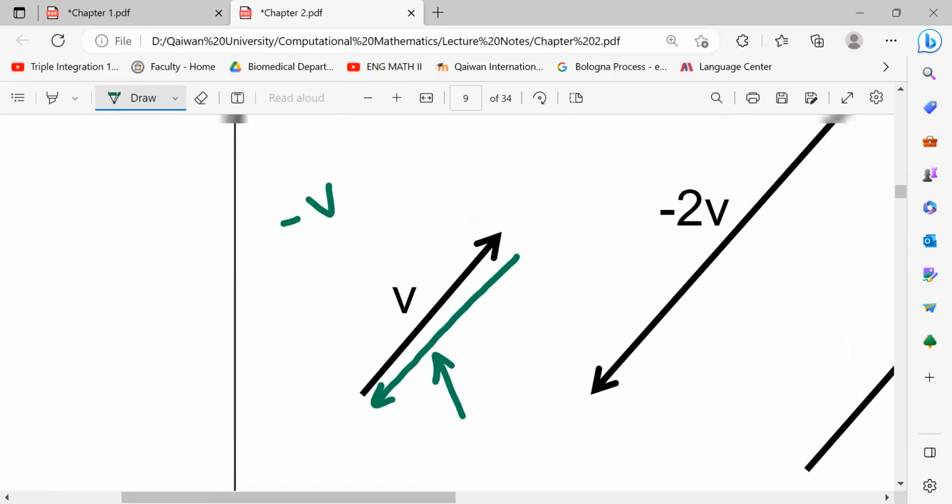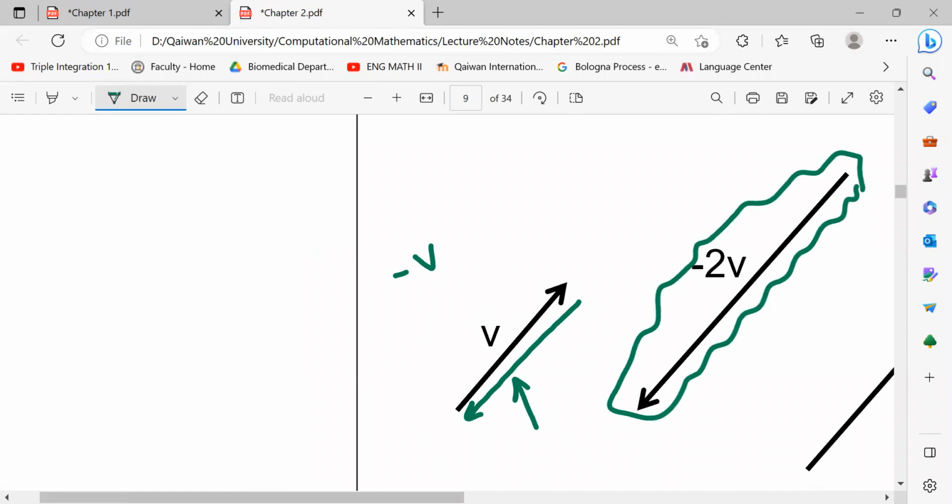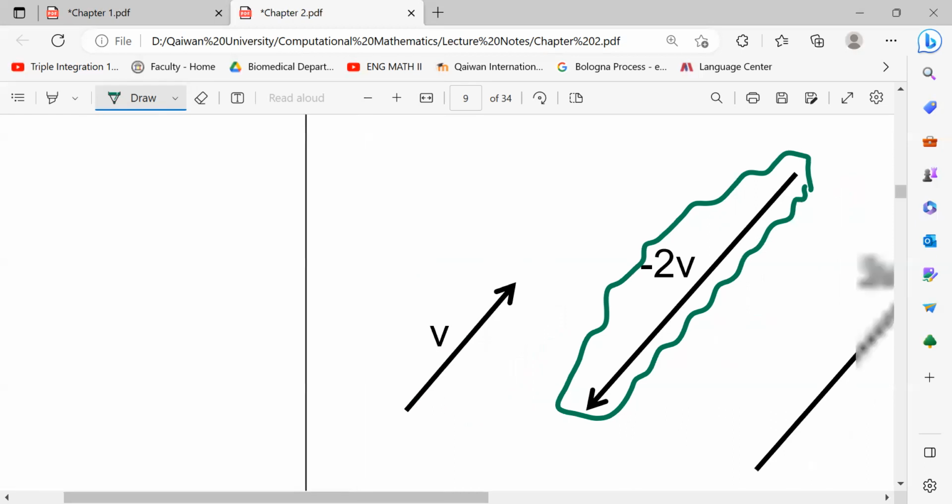So you get this. This is minus 2v. If the scalar is negative, you get the opposite direction, and also the length is going to be changed, depending on the scalar.